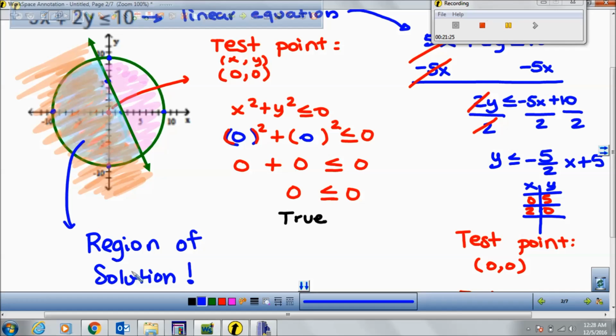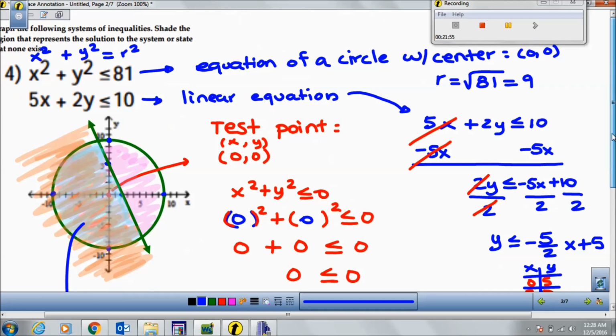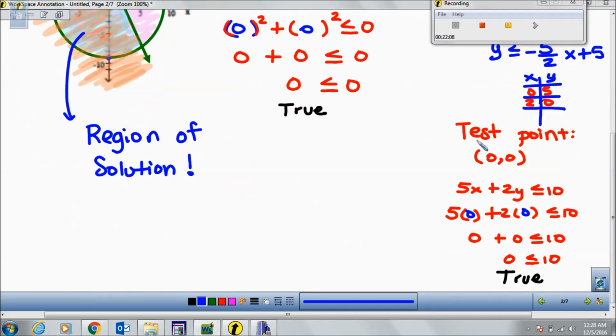And the final solution is where the two shadings meet or where they overlap. That's the solution. Or if at the end you're saying, okay, I know this is the solution, and you want to erase all the shadings and just leave the final one, that's also fine. So that's this one.